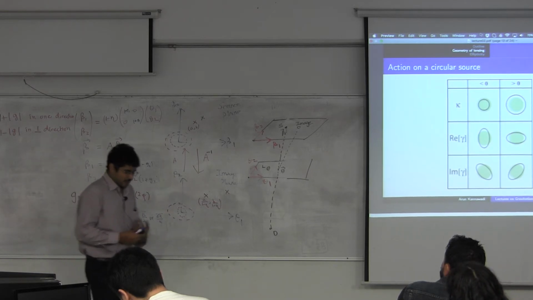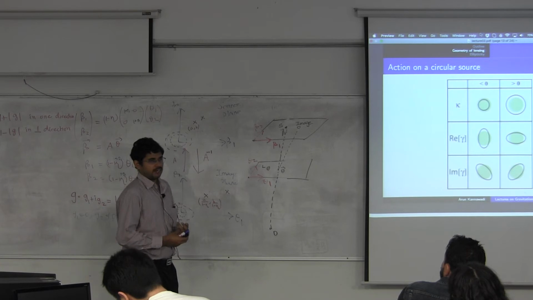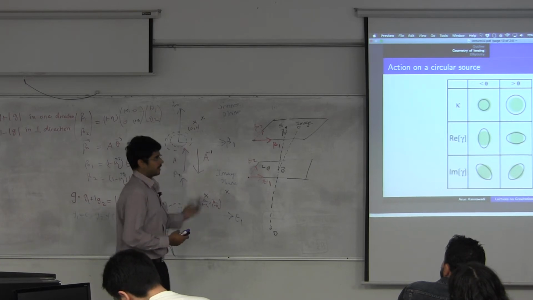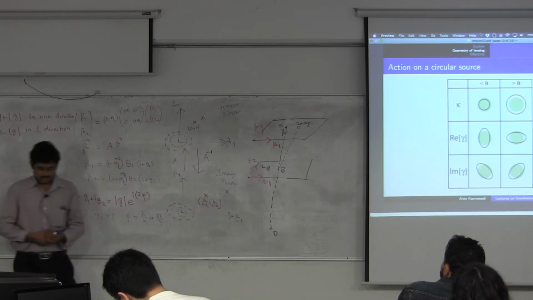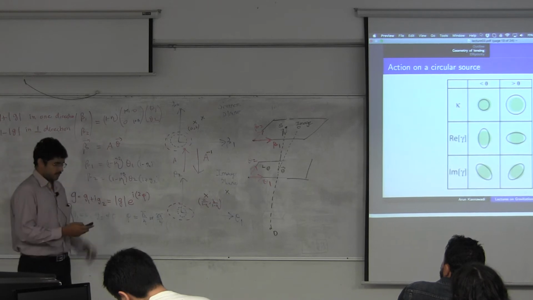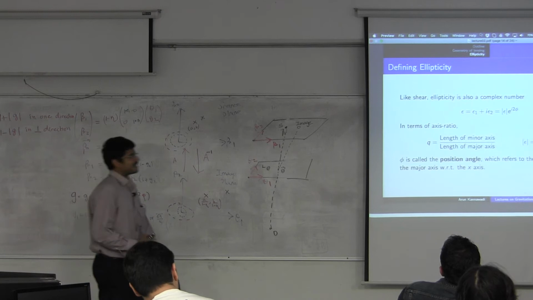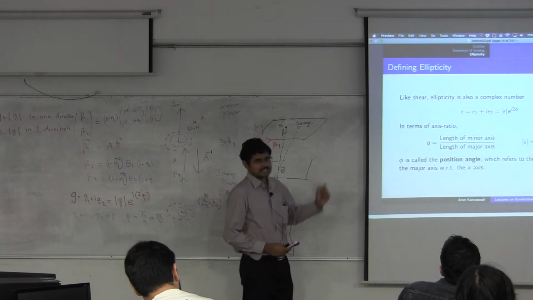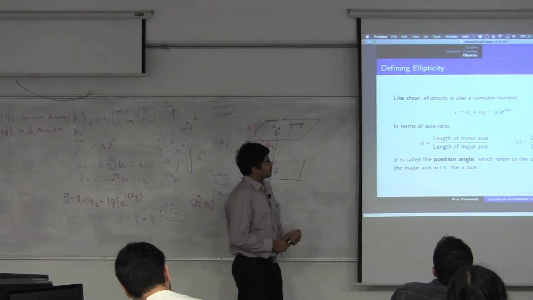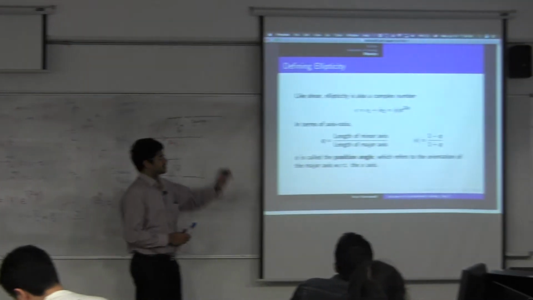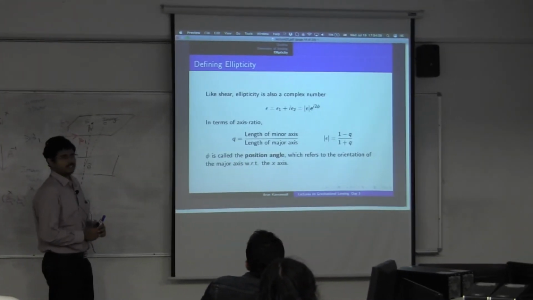So in order to do this, we first need to define an ellipticity of the galaxy itself, the intrinsic ellipticity of the galaxy. And we do it just like we did for shear. Again, we like complex numbers in lensing, so we define a complex ellipticity, epsilon 1 and epsilon 2, or I'll just call it E1 and E2 so that it's simpler.